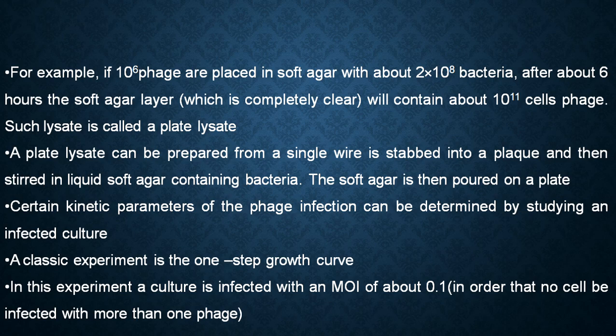Certain kinetic parameters of the phage infection can be determined by studying an infected culture. A classic experiment is the one-step growth curve. In this experiment, a culture is infected with an MOI of about 0.1.